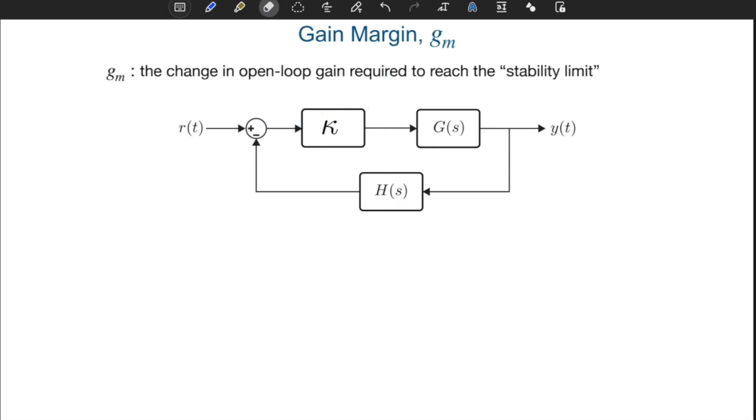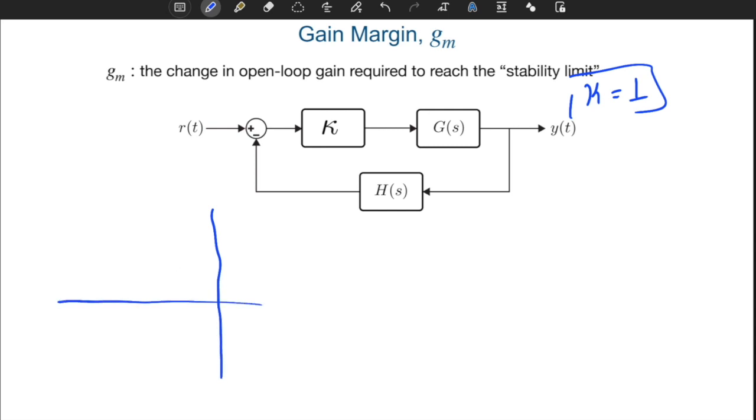If I know G and H, and this is my system together with the controller, I can draw a root locus with respect to kappa, and you should note that kappa equal to 1 is the nominal gain. It's not 0, because I already designed my controllers. Let's assume that I have something like this.